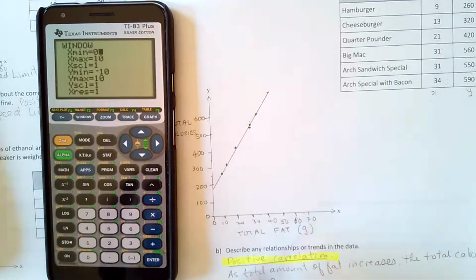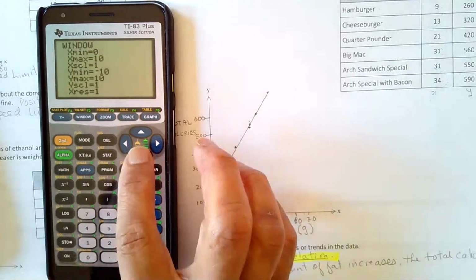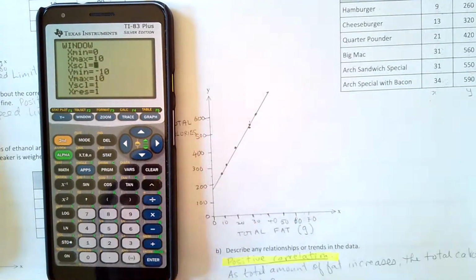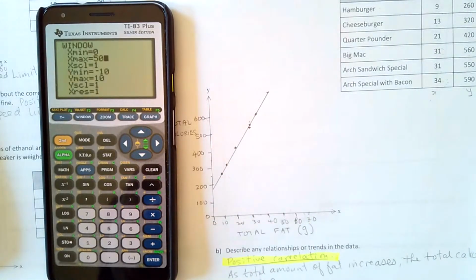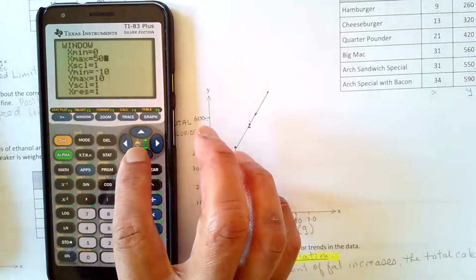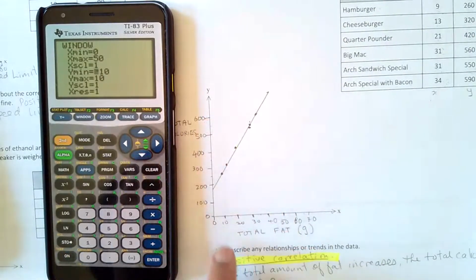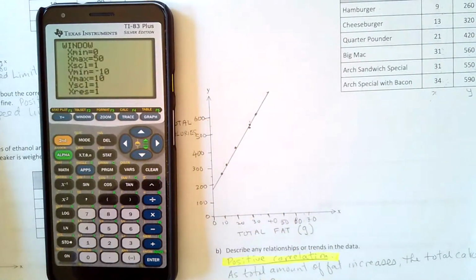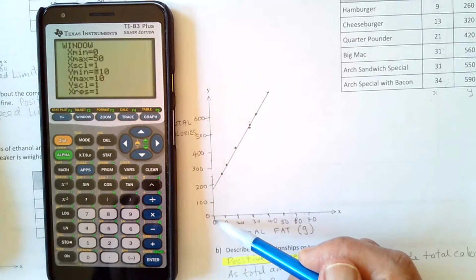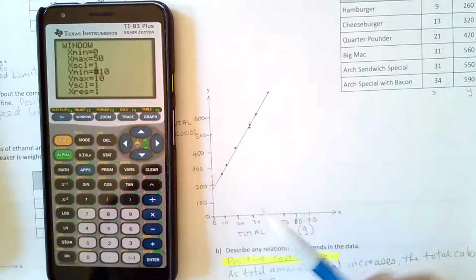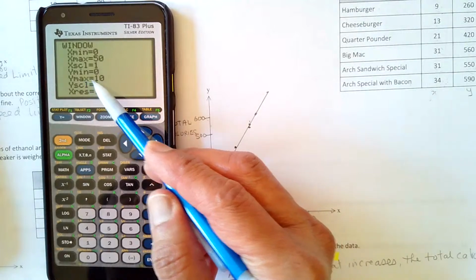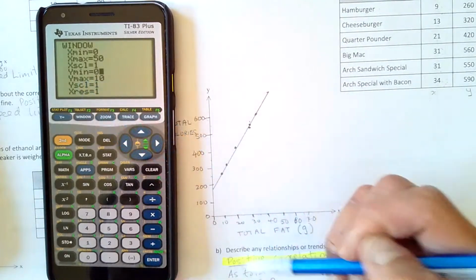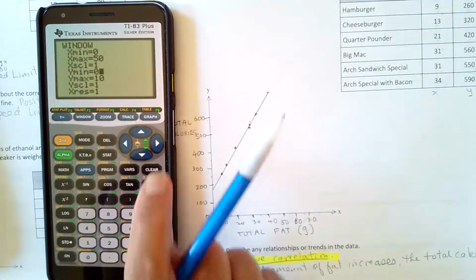Next, we want our maximum to be 70. We can make it 100, or we can make it 50. Let's make it 50 for now. Doesn't matter, we can make it 70. And our y minimum, we didn't go below the y axis here, so there's no negative y, we make that 0. And our y maximum, for our y values, we make that 600.